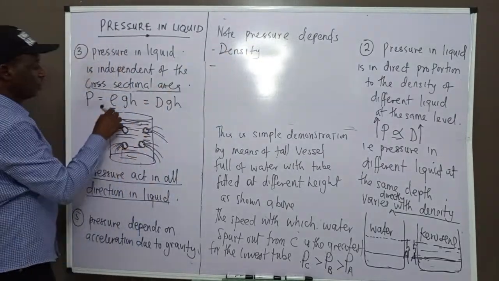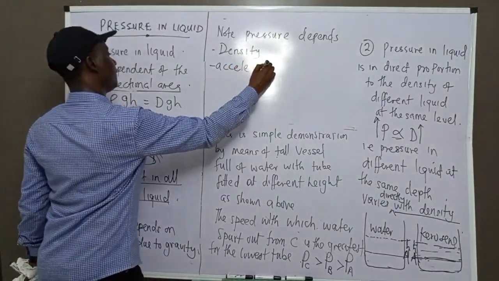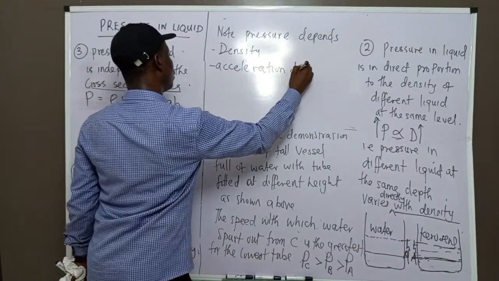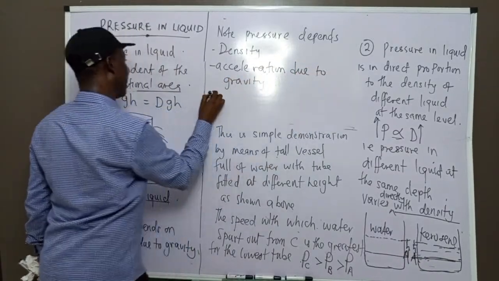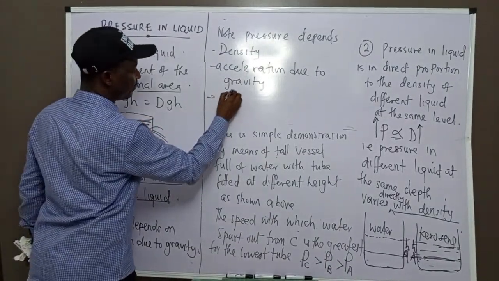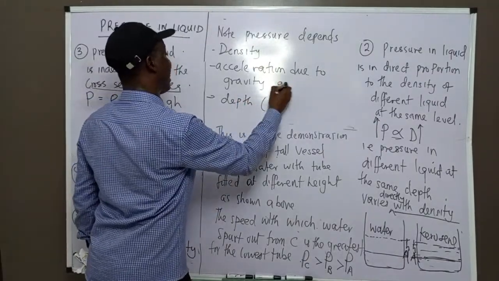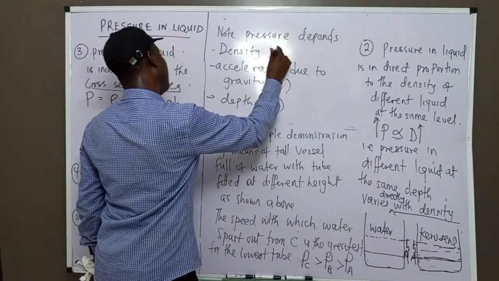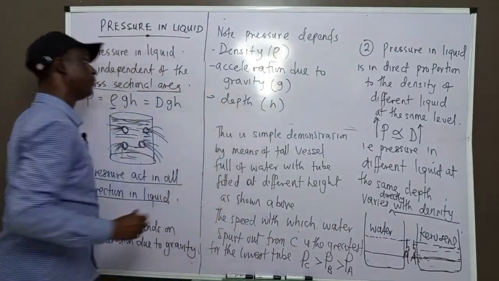That is number 2: depends on acceleration due to gravity. So for examination's sake, you can always remember with that formula. And the h here is depth. So pressure depends on acceleration due to gravity, density, and depth.